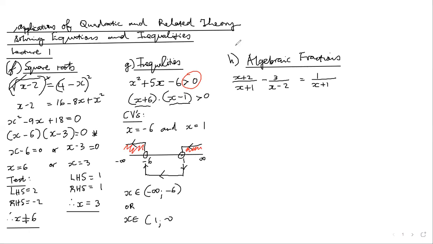Now notice the brackets. The brackets are round for -infinity and +infinity. The brackets are round for -6 and 1, because this was what we call a strict inequality, greater than 0.